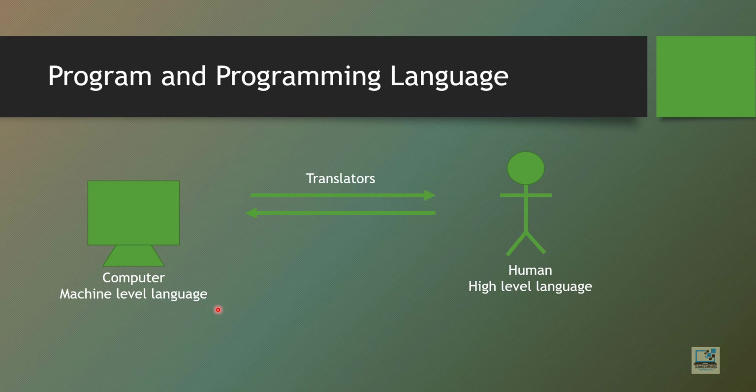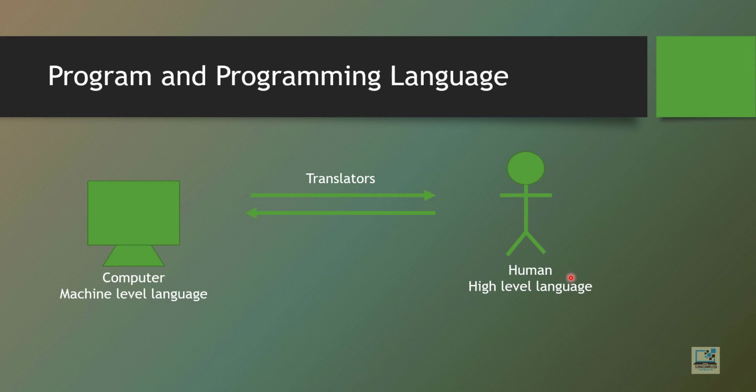In binary, every instruction is in the form of zeros and ones, where 0 means low voltage and 1 means high voltage. Whereas humans, that means us, we use different languages which are suitable for us.